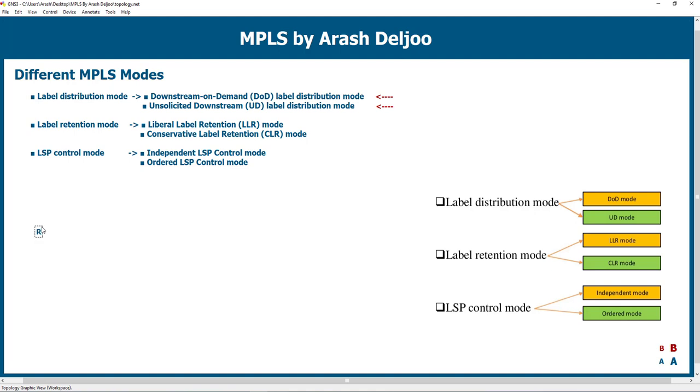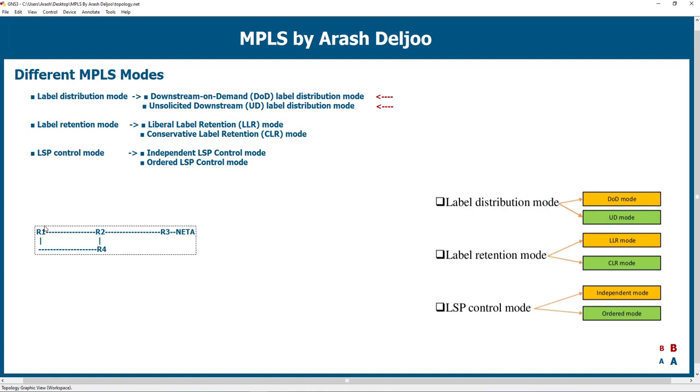For example, we have these networks R1, R2, and then R3. Also, R1 is connected to another router, for example R4, and R4 is also connected to R2. This is our network, and R3 is connected to net A.